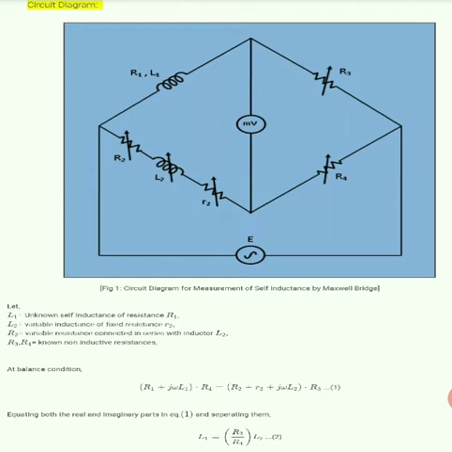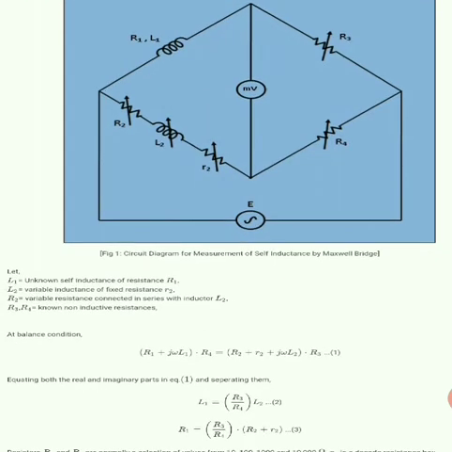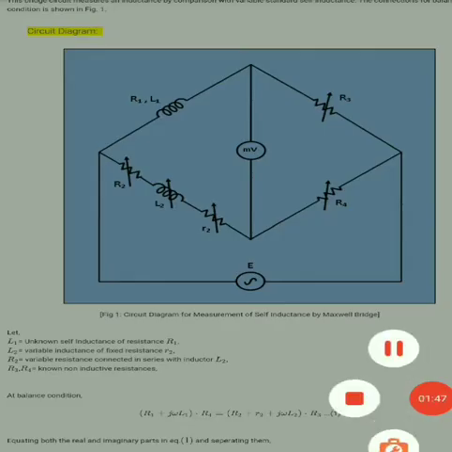At balance, L1 equals R3 by R4 into L2, and R1 equals R3 by R4 into capital R2 plus small r2. The value of the R3 and R4 resistance varies from 10 to 10,000 ohm with the help of resistance boxes.